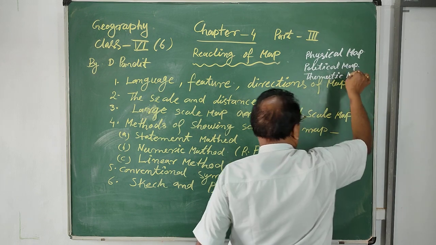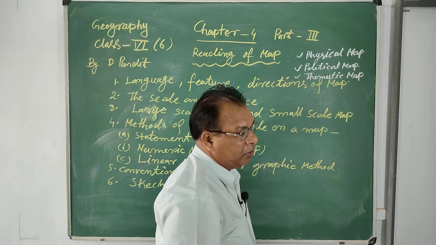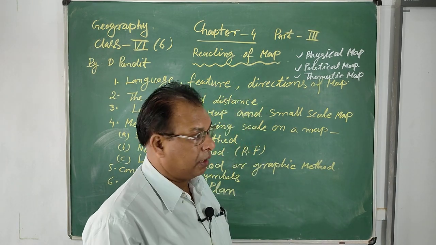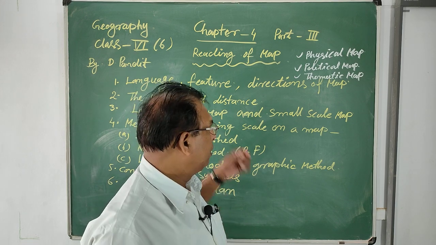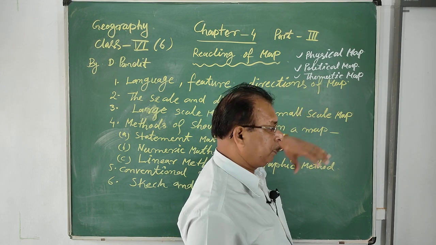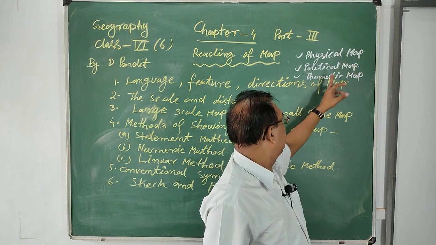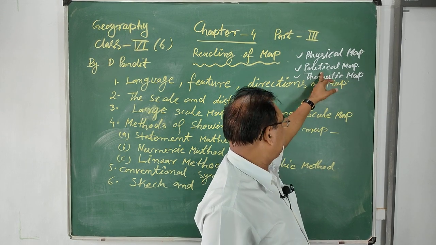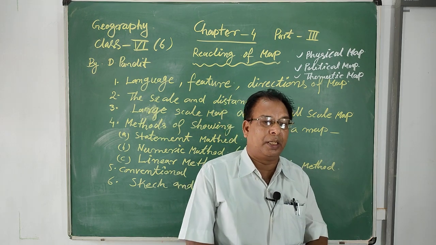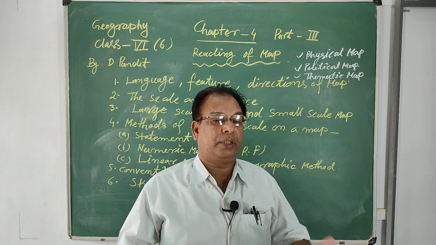These names of the maps are given according to the Roman language. But in Hindi, these terms are used: भौतिक मानचित्र, राजनैतिक मानचित्र and विषयक मानचित्र. So this is the use of language for the map.